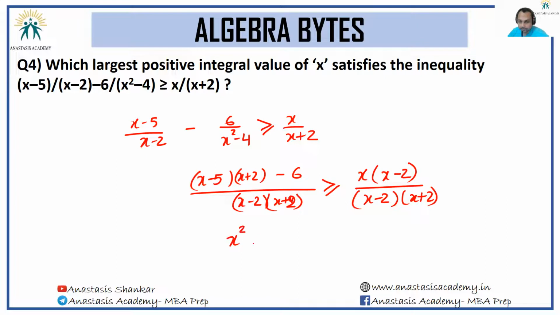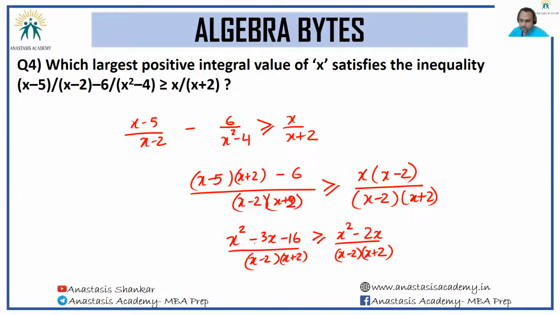Okay, once we have got this, the expression turns to x square minus 3x minus 16 is greater than equal to x square minus 2x upon x minus 2 x plus 2.